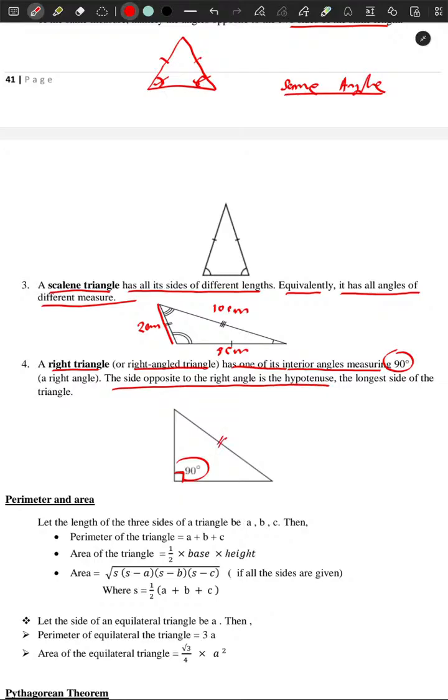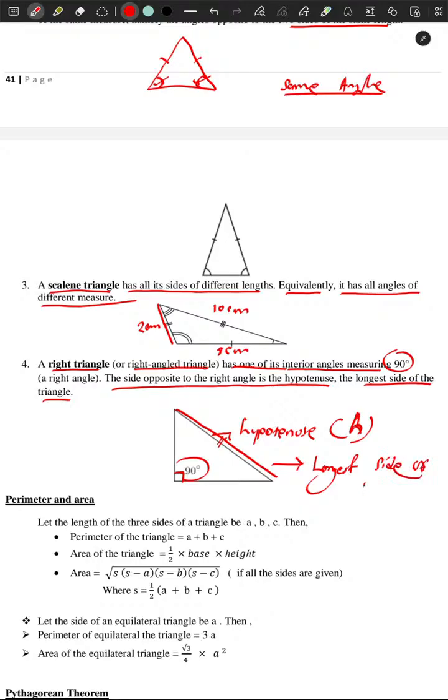This is the hypotenuse. We can symbolize it as h. It is the longest side of the triangle.